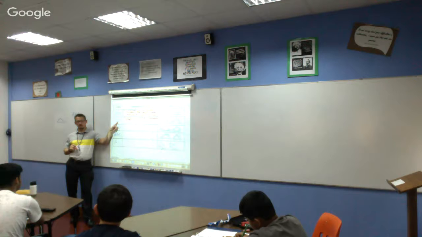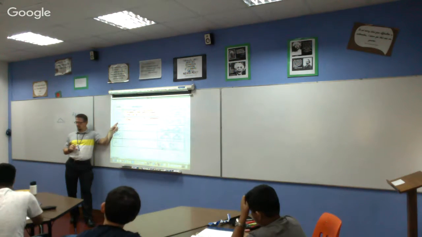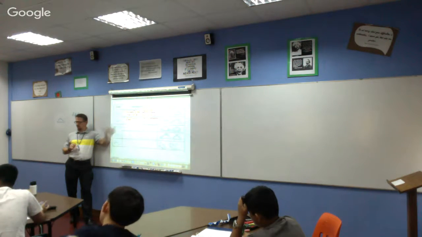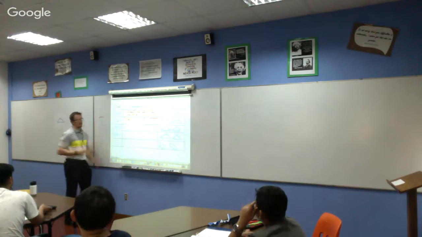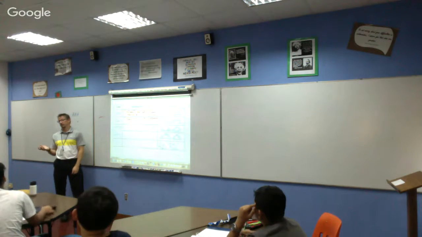Top, only the top? The middle. Middle of what? Of the other two sides. In the middle? So what happens if the side is like this? Is that in the middle?